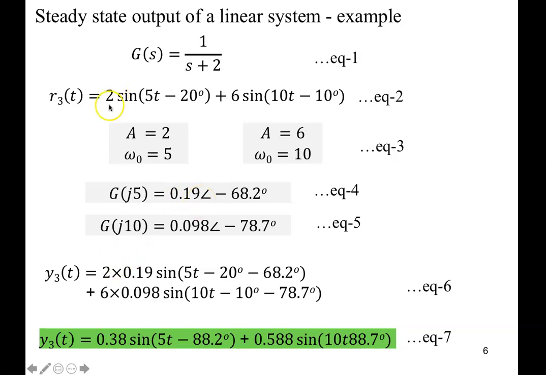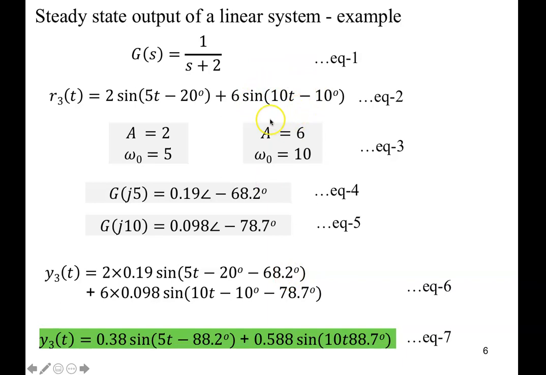So I'm going to multiply the amplitude 2 by 0.19. And then I'm going to copy sine 5t minus 20 down from the input. Add to the phase angle we worked out for that frequency from the transfer function. So add minus 68.2 there.